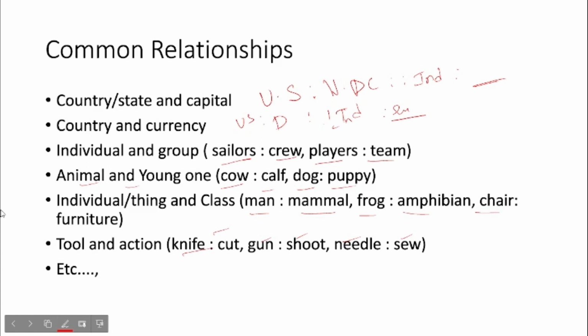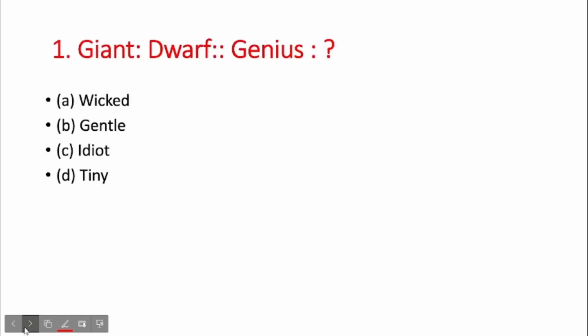We just need to know what is what: a man is a mammal, a frog is an amphibian, a baby dog is called a puppy. So good English knowledge can easily get you marks in these types of questions.